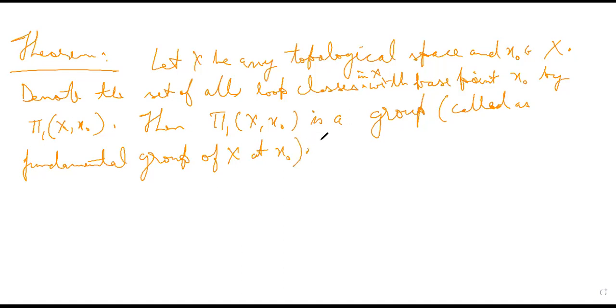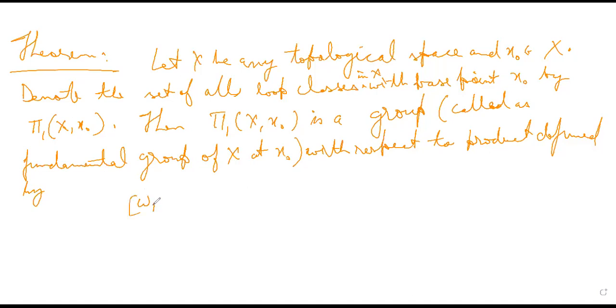Then this is a group with respect to the product defined by omega 1, omega 2. This is just the product of path classes, omega 1 star omega 2.